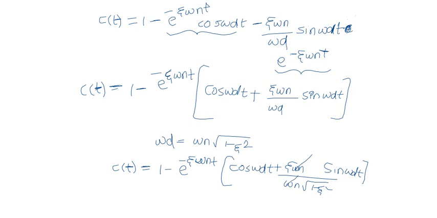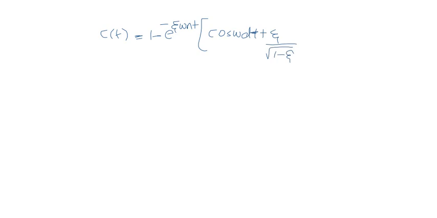This omega n and this omega n cancel out. Then C of t equals 1 minus e power minus zeta omega n t times cos omega d t plus zeta by under root of 1 minus zeta square into sin omega d t. So this is the equation we are getting.